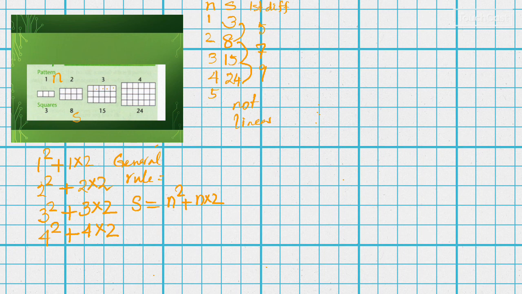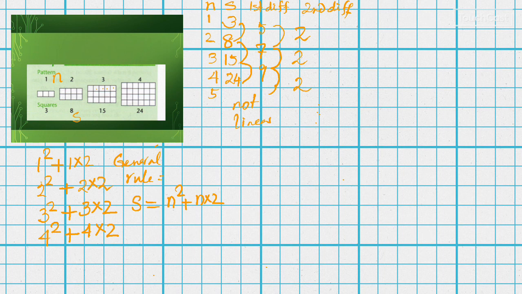Why? Because the first difference does not stay same. It keeps changing. And it keeps changing in a definite pattern. And I'm going to call it second difference. It's 2 and 2, right?